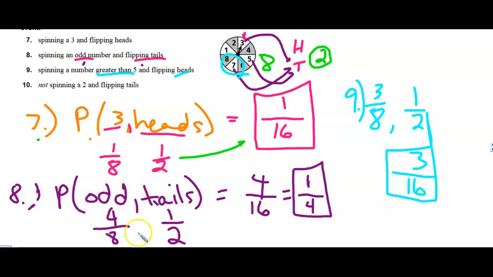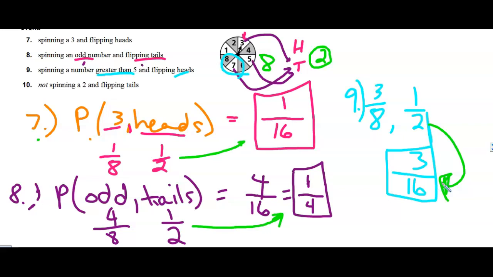Number 8, our probability of spinning an odd number was 4/8. Our probability of flipping a tails was 1/2. Our compound probability was 1/4. And over at 9, we had 3/8 to spin a number greater than 5, and then 1/2 to flip a heads. Compound probability became 3/16.